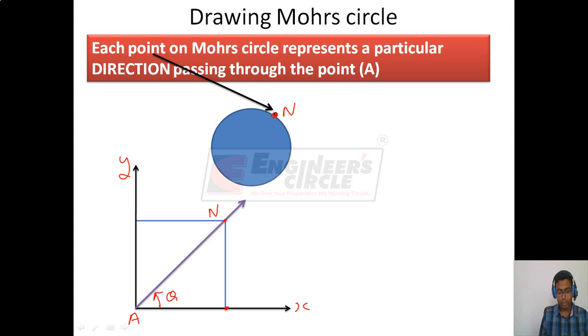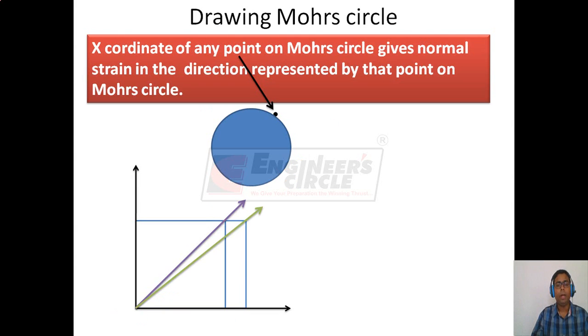Similarly, the direction AH might be represented by this point H, and direction AV can be represented by this point V. So each point on Mohr's circle represents a particular direction passing through point A. So horizontal direction passing through point A is represented by this point, vertical direction passing through point A is represented by this point, and any other direction is represented by this point.